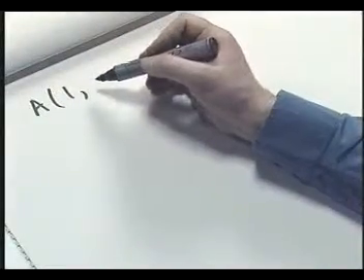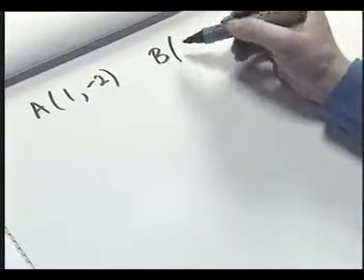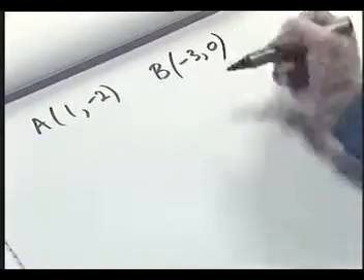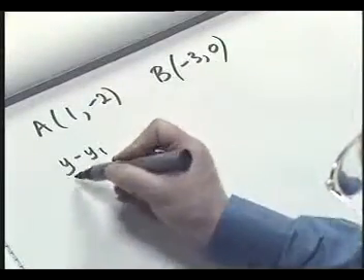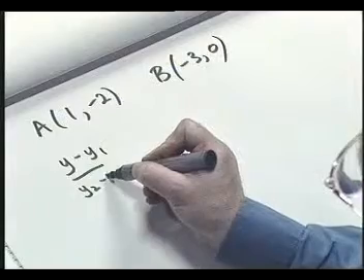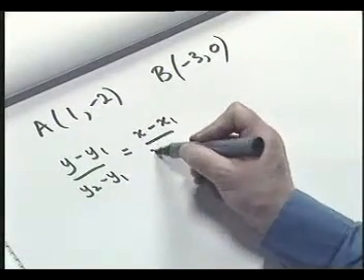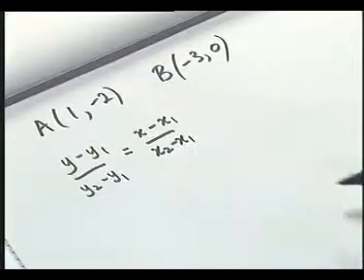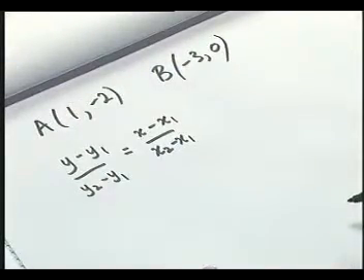Suppose we have 2 points, A, which has coordinates 1 and minus 2, and B, which has coordinates minus 3 and 0. Let me write down the formula again. y minus y1 over y2 minus y1 is x minus x1 over x2 minus x1. We'll pop everything we know into the formula and see what we get.